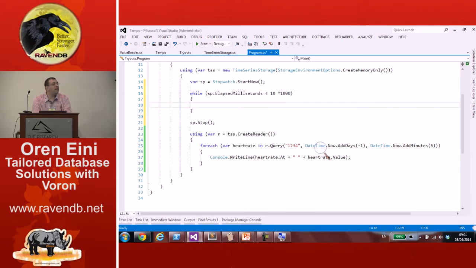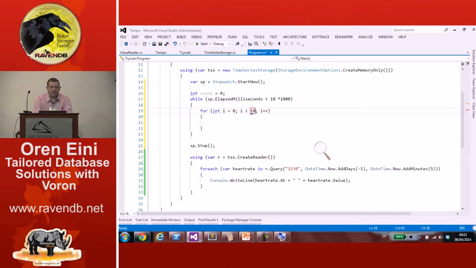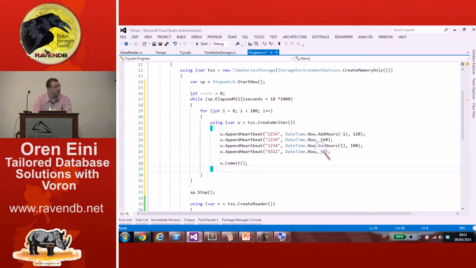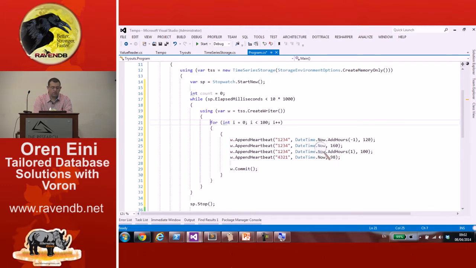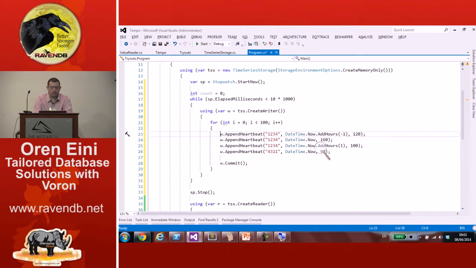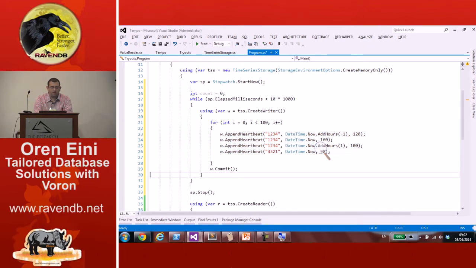So let's run for 10 seconds, and let's add 100 values per commit.